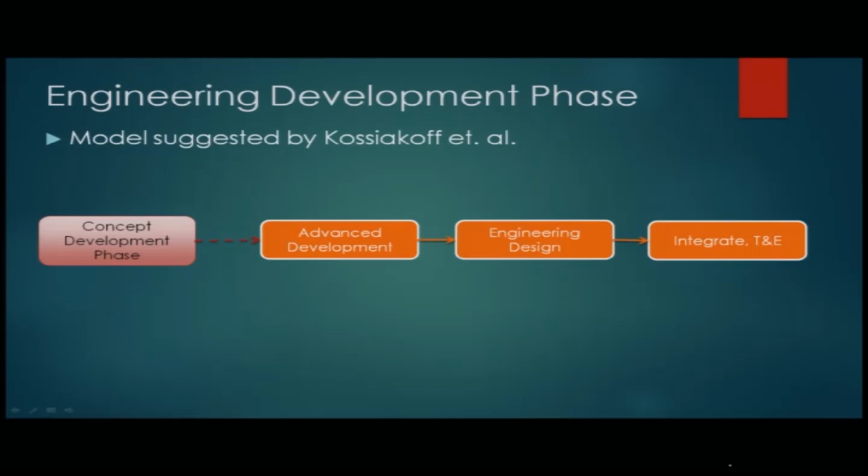So, the second aspect of the system development phase is the engineering development phase. Again, this is the model suggested by Kossiakoff and others, and as I said, the input will be the concept phase. Whatever is the output of the concept phase becomes the input of this one.